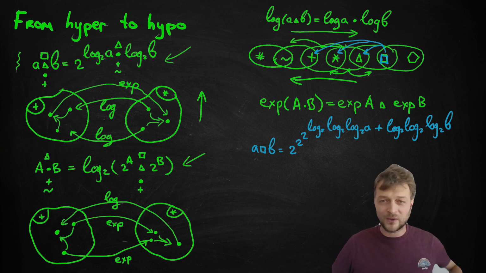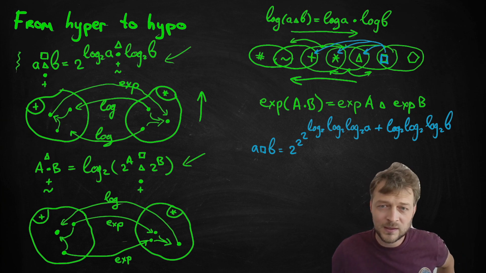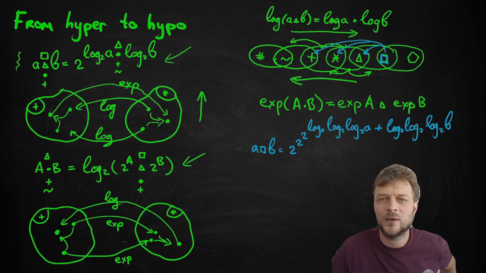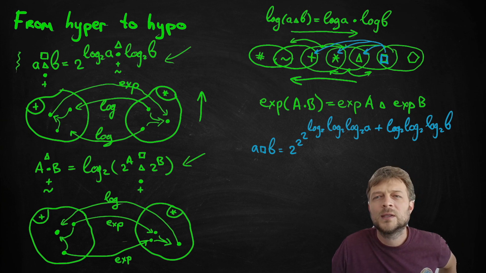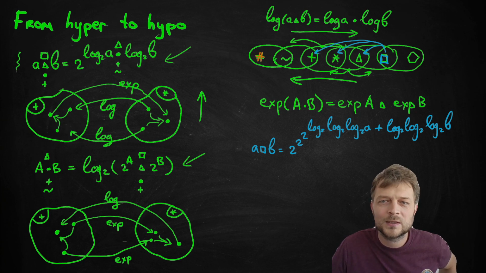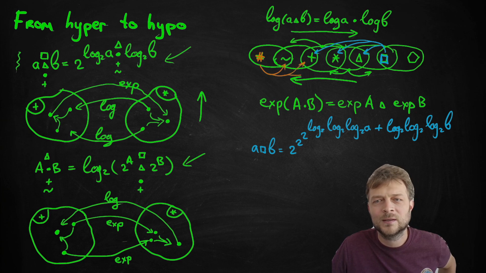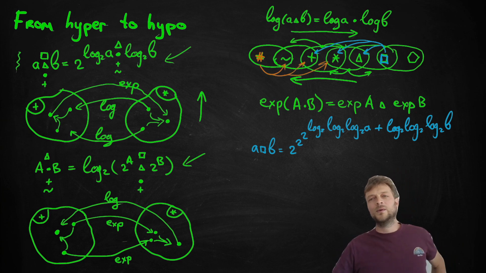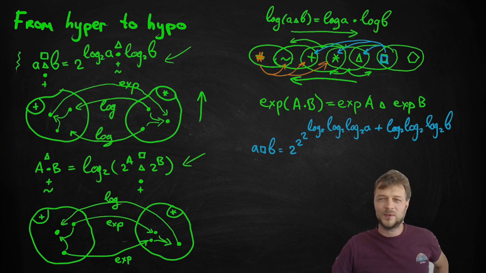And when we go down, let's see what happens. Let me take another color. We take this sharp, and we can similarly express it, let's say, in terms of multiplication.